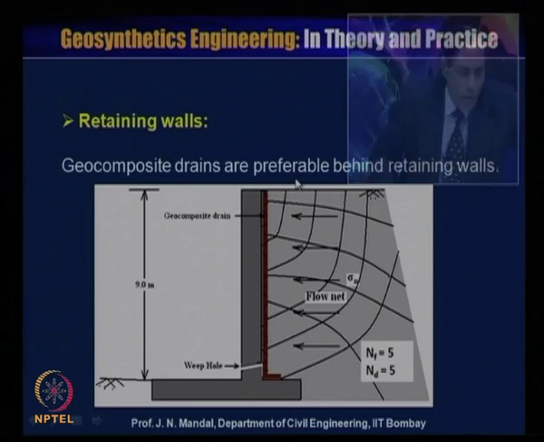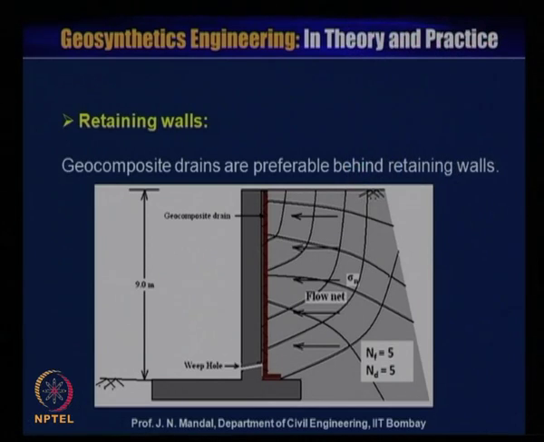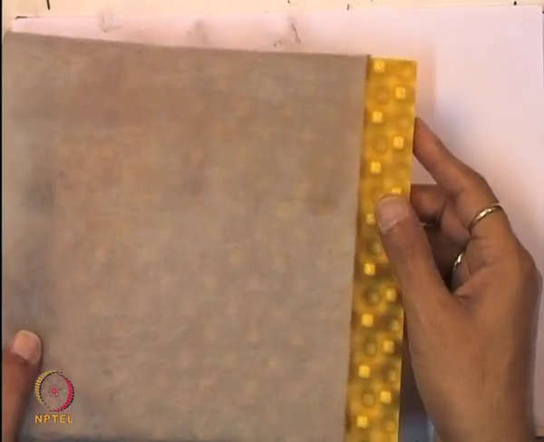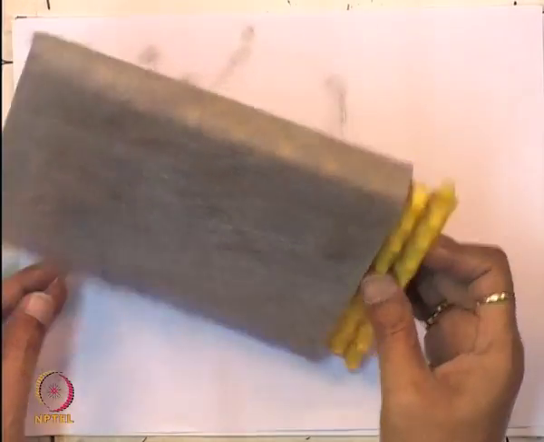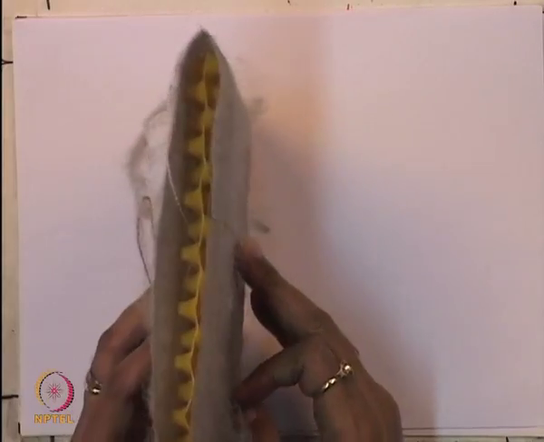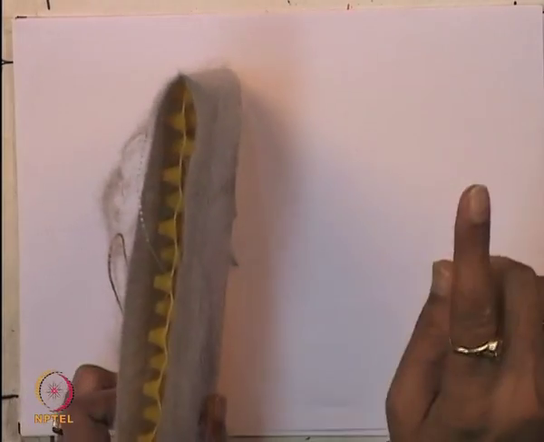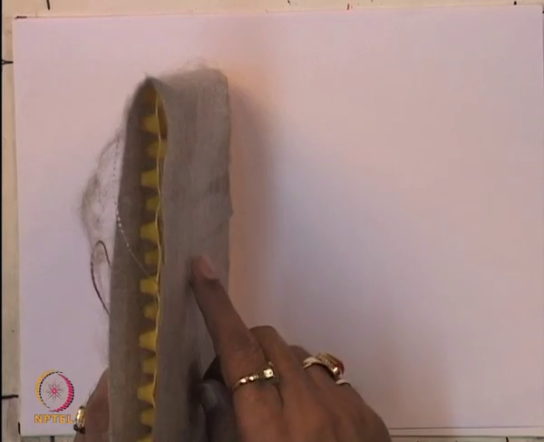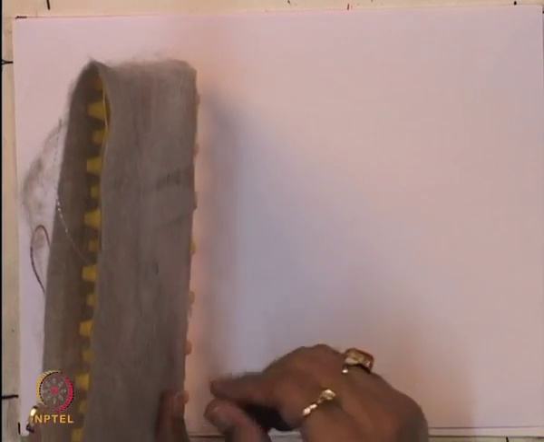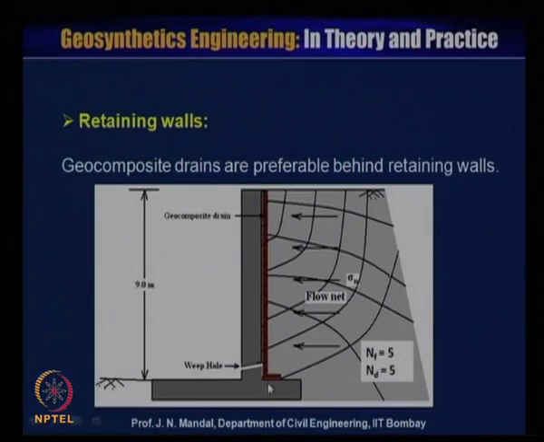It is a material like this, that is geocomposite drain, which can be provided at the back of the retaining wall. Water can pass through this material, and also there is a lateral force which is acting on this wall.